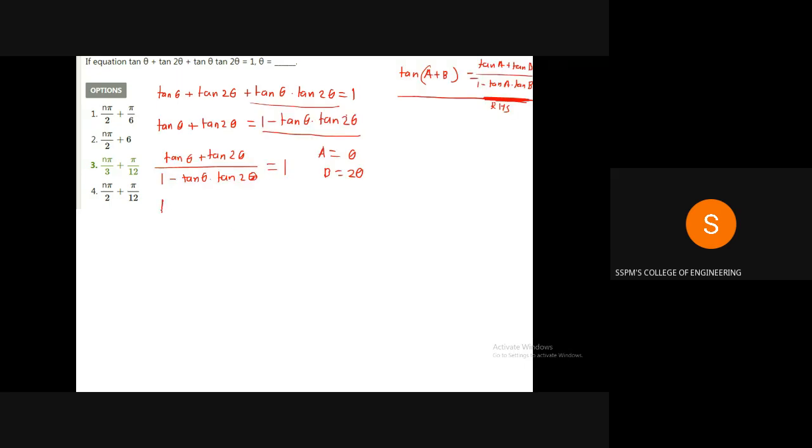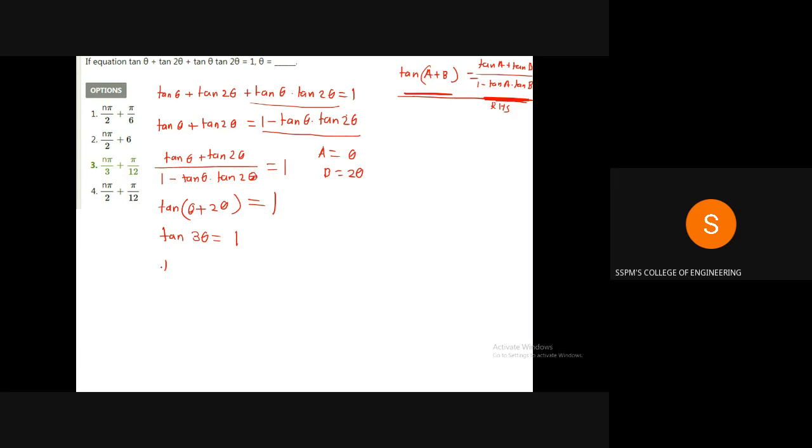So we will get tan A plus B on the left hand side of the formula. What is A here? Theta. What is B? It is 2 theta. So tan of theta plus 2 theta is equal to 1. Therefore tan 3 theta is equal to 1.